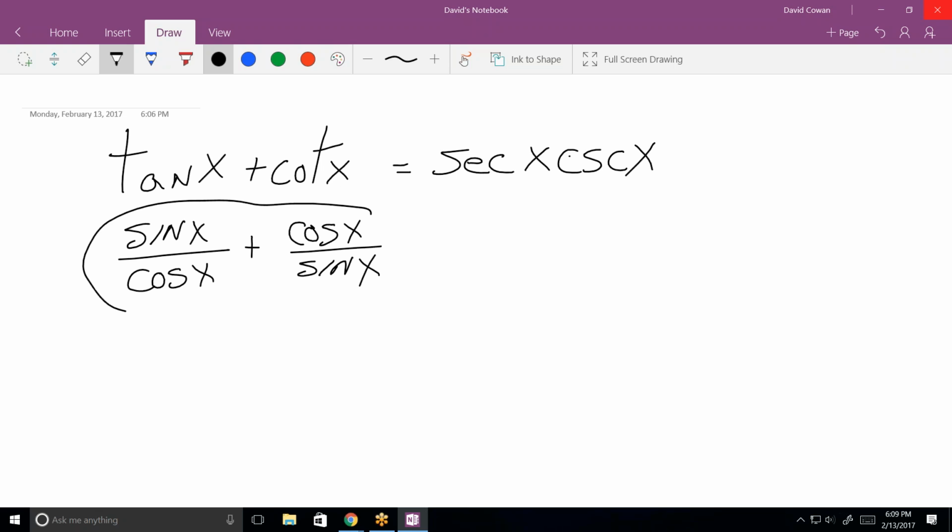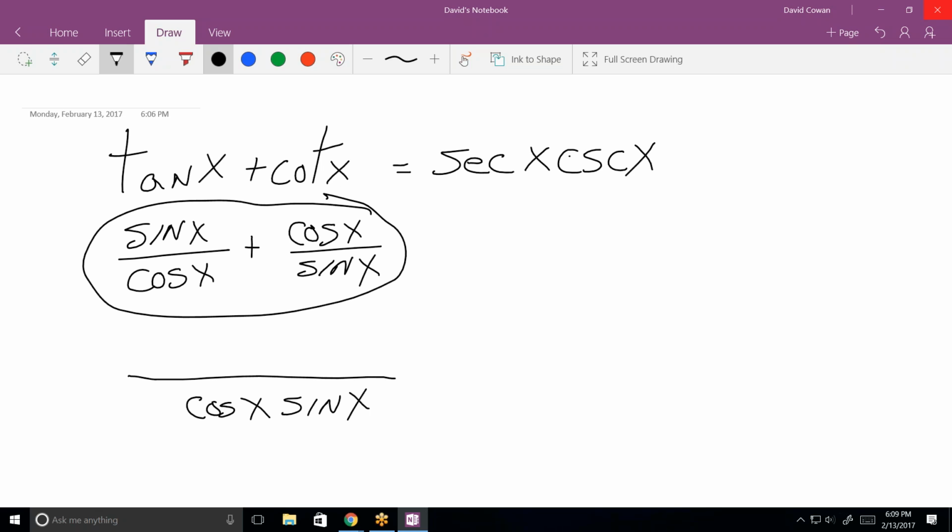Now let's work with that. Let's find a common denominator, which is cosine times sine. Up here, that must turn into sine squared of x, and over here, this turns into cosine squared of x. What's the identity for that?